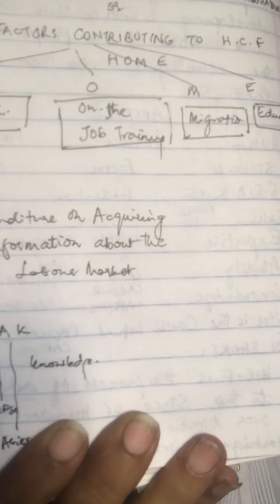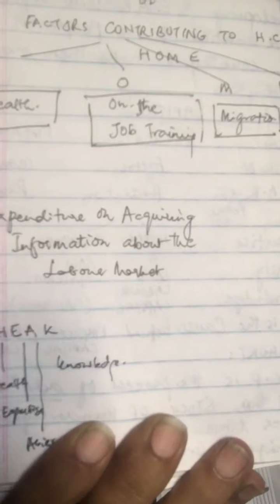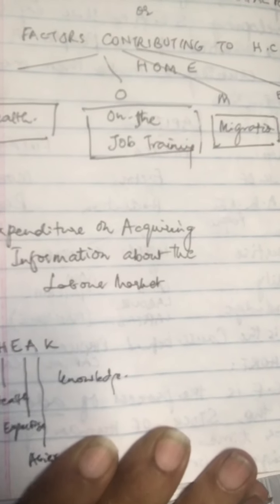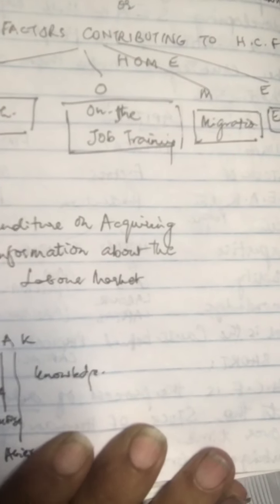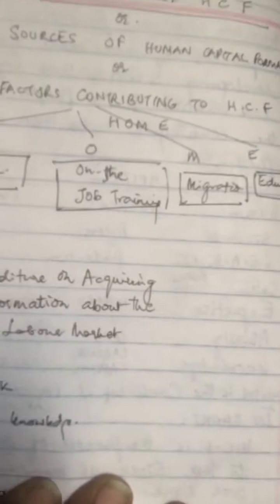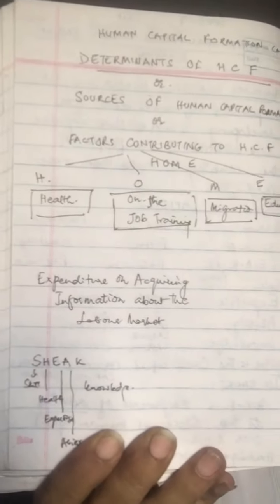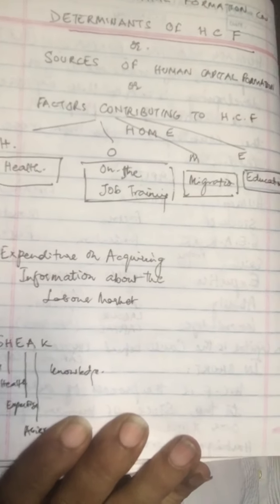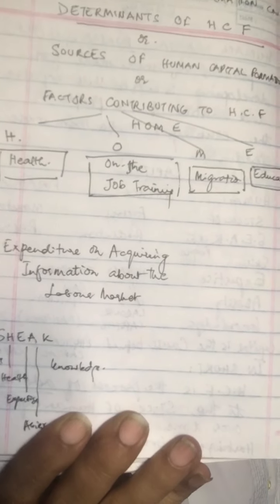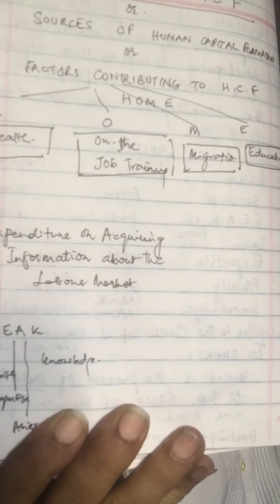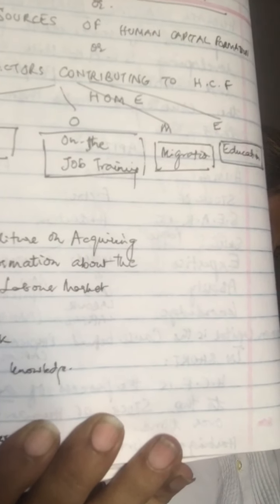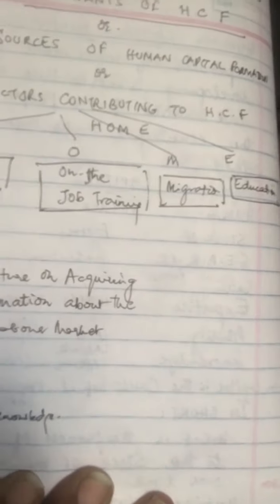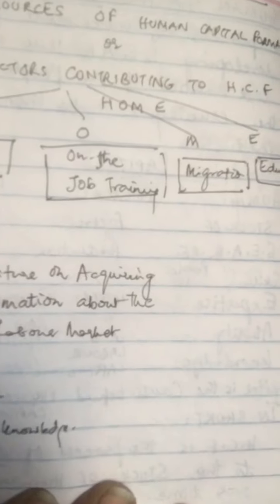So even every family decides to incur huge expenditure on education. Even sometimes you take loans and you send your children to places to sharpen their skills or whatever they are good at. And it enables an individual to make a good living throughout his life.